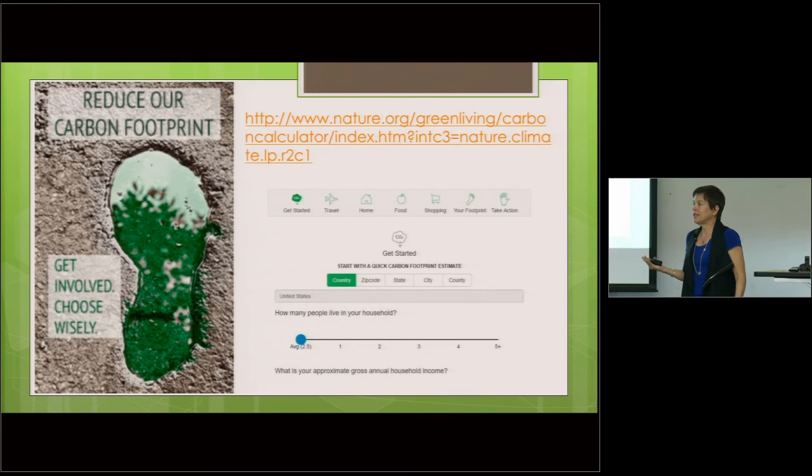My kids, when they were little, watched Bob the Builder a lot. Maybe you guys don't know Bob the Builder, but reduce, reuse, recycle, right? So those are some ways that we, in a very, very tiny wedge, could reduce our carbon emissions. So reduce everything that you use, recycle.